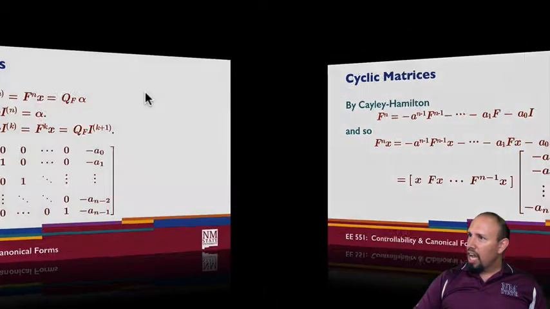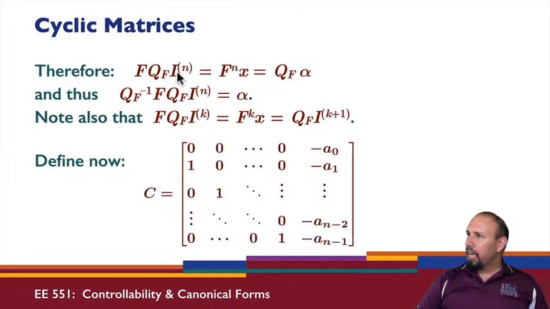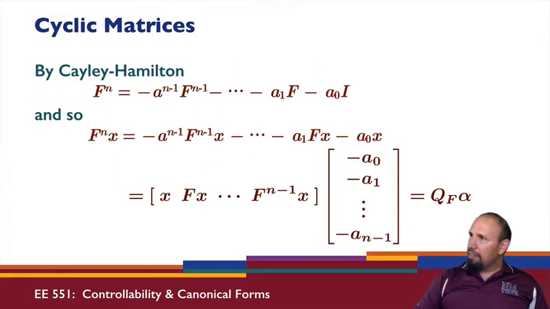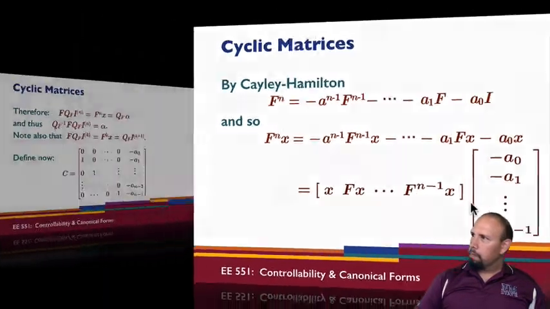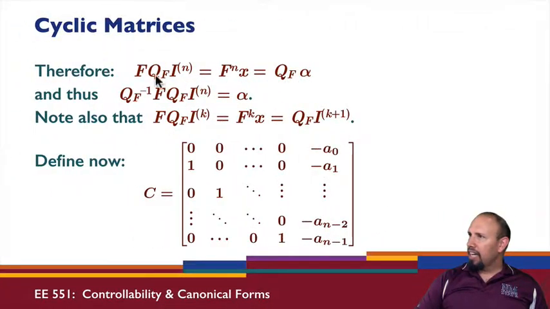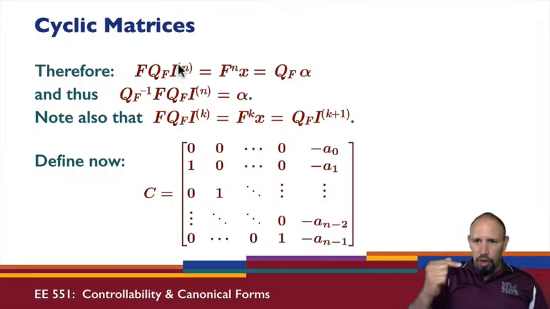And so I can see then if I just pick off that last element, I get F to the power n times x. But F to the power n times x is equal to QF times alpha. Boom. So I get that. So I'm taking this quantity and multiplying by the identity matrix column that's basically all zeros and then a 1.